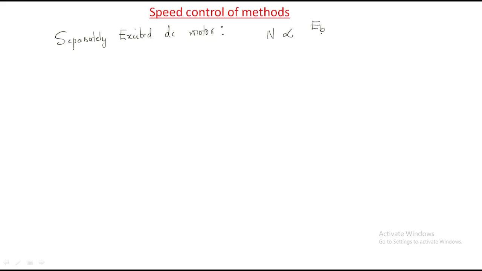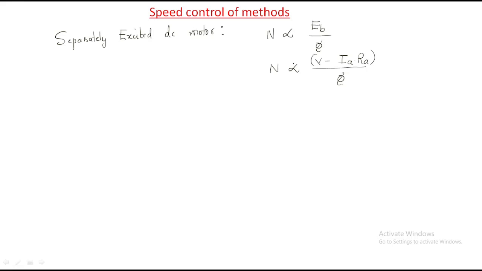Speed is proportional to back EMF and inversely proportional to flux. The back EMF is the supply voltage minus the armature drop, divided by flux. So we have two methods to control the speed.